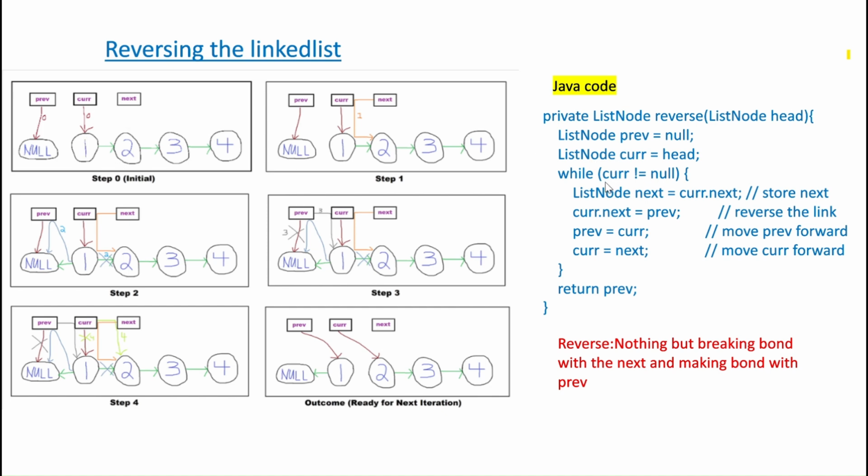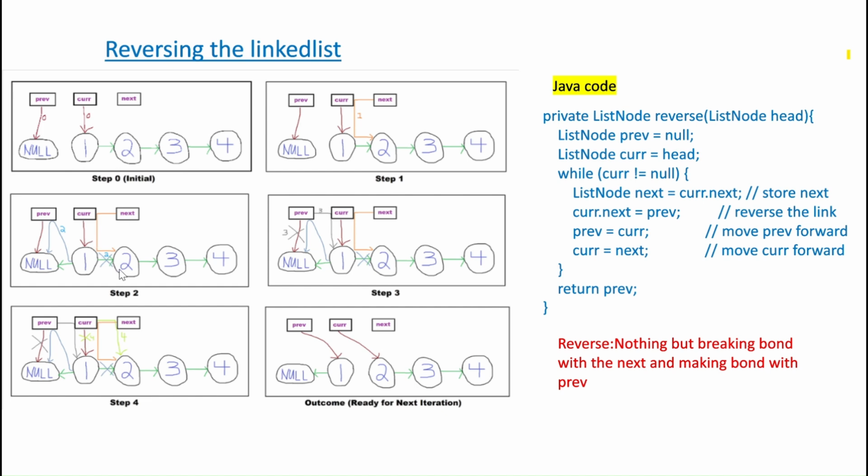Okay, and when it enters into the loop, we declare a next node, and next is going to be current next. So next is pointing to this, and then current next gets previous. See, this current node's next is going to become this, that is making bond with the previous one.